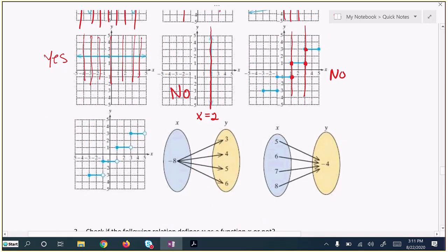But I can fix that issue by making these open circles. Now I can see that when I do the vertical line test, for each vertical line, no matter where I draw it, it passes through only 1 point, because this open dot is not a Y value. So this is a function.